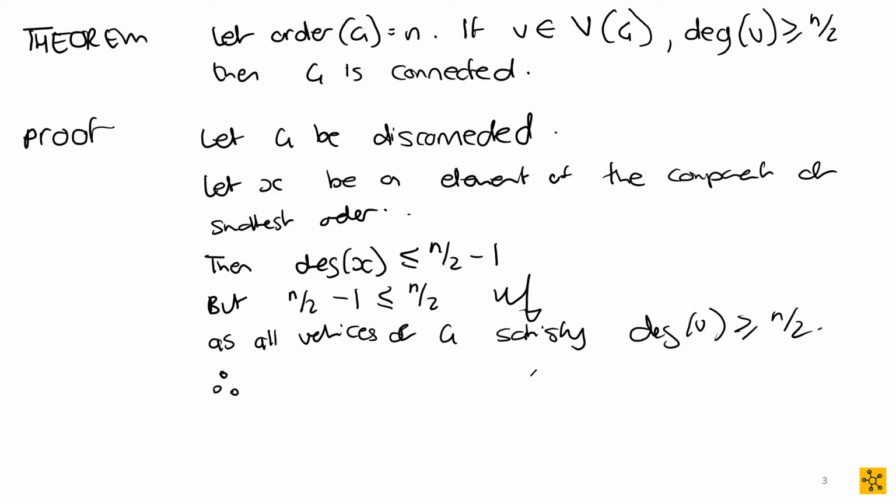Therefore, because we found a contradiction, our assumption must be incorrect. Therefore, G is connected.